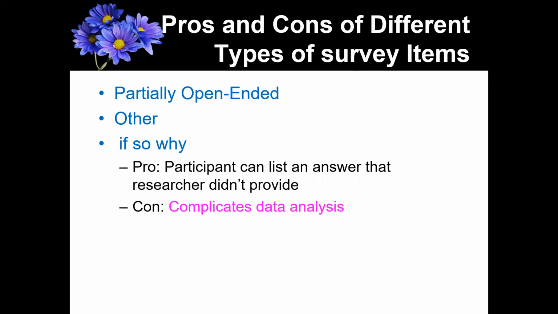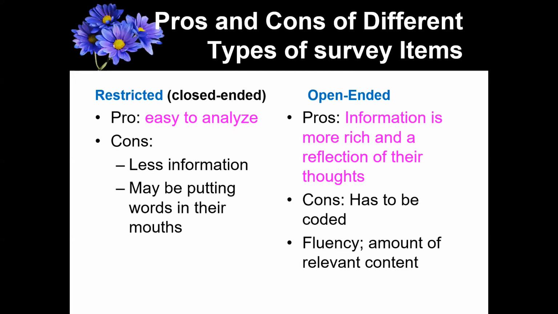Partially open-ended again is the middle ground, which can be nice. Oh, and just one more thing to add. Because data is so much easier to analyze when it's restricted, you can run a lot more people. Whereas with open-ended, because you have to code all of it, you can't run as many people.